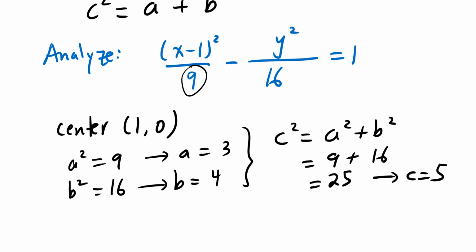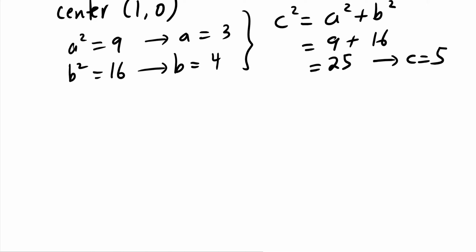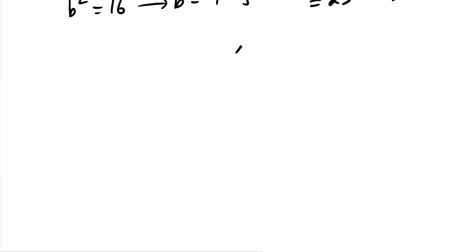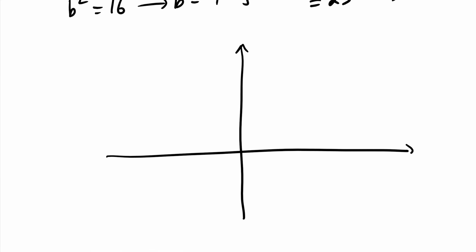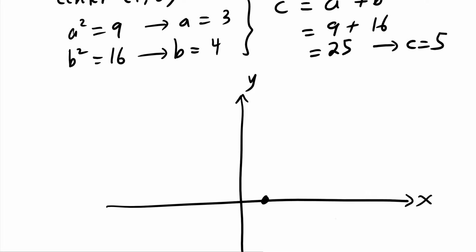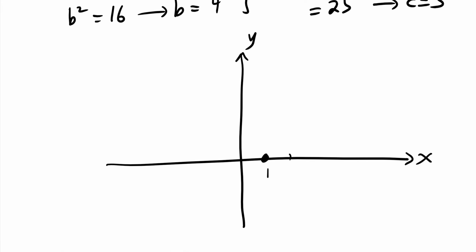Notice the hyperbola starts with x, so it's going to open to the right and to the left. Start with the center (1, 0). Plotting the given is the key to solving a lot of questions. (1, 0), that's where the center is. And a is 3, so from this one you go 1, 2, and 3. That's the first vertex. Then 1, 2, and 3 this way.